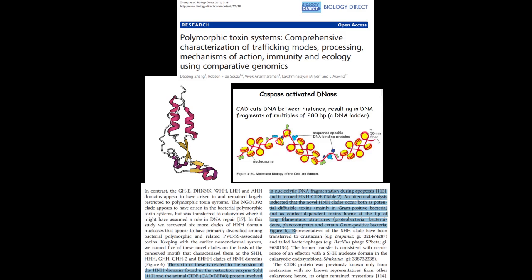And now we could establish that its roots also lay in this polymorphic toxin system.